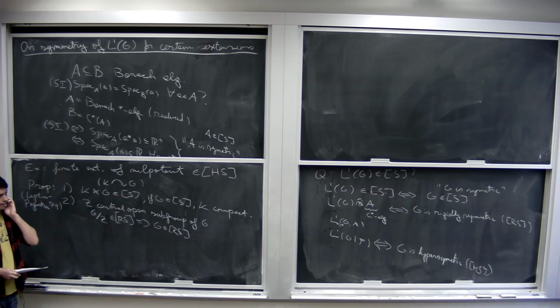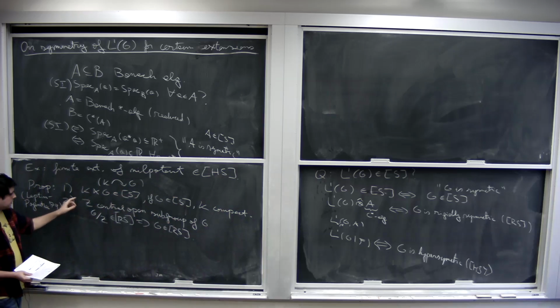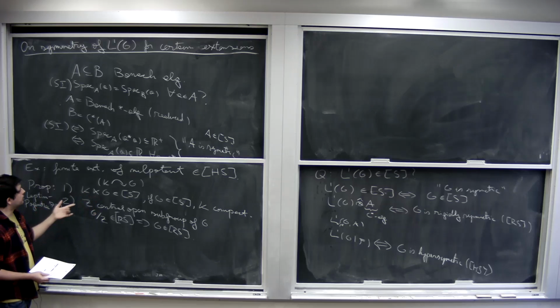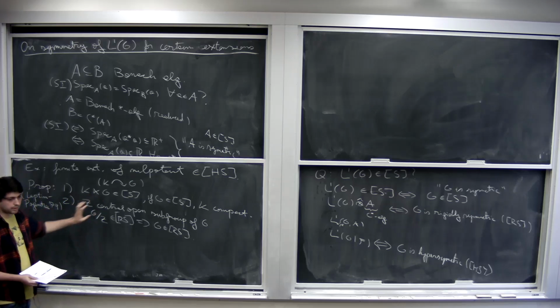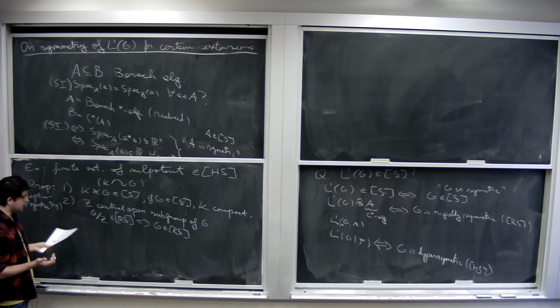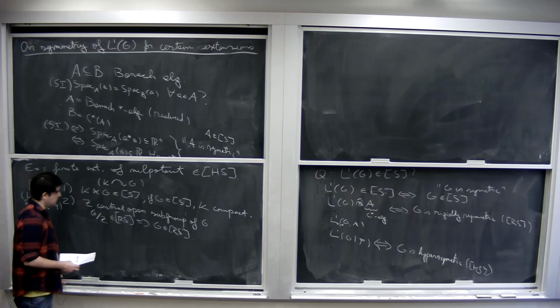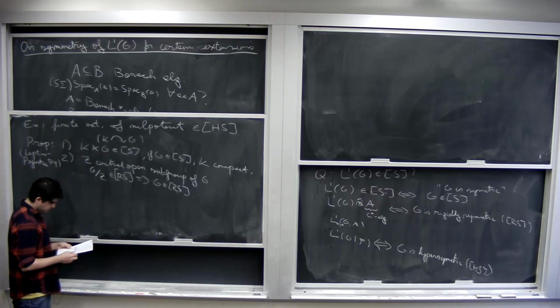So basically, the goal of the talk is to prove some permanence properties that are going to be like these ones. But we're going to reverse the roles of K and G here, and change central by compact, and that's the main goal of the talk. So I'm going to keep this one.